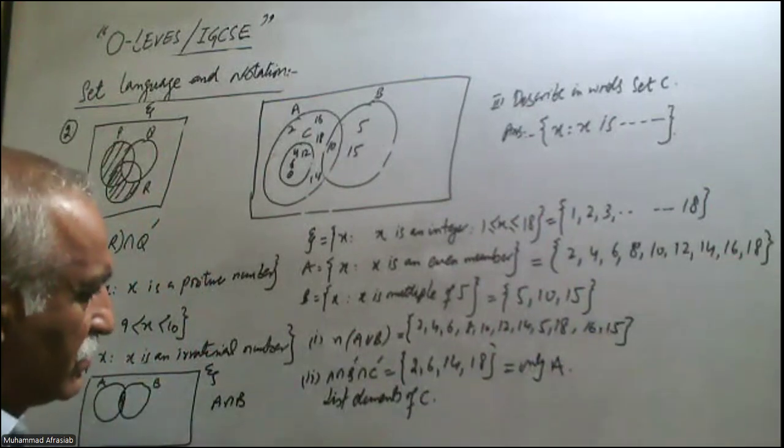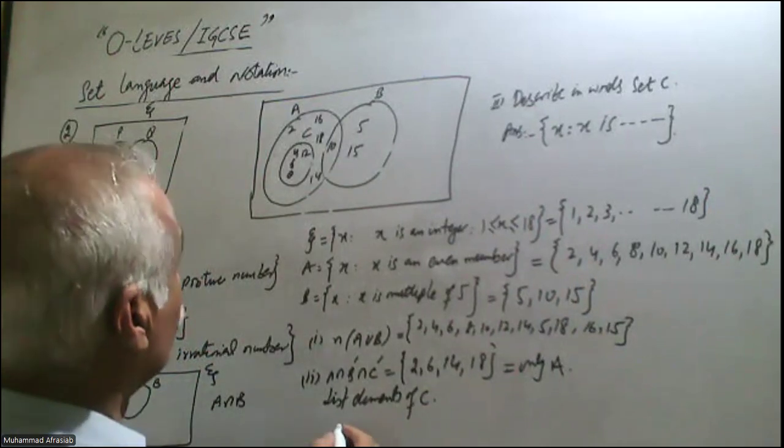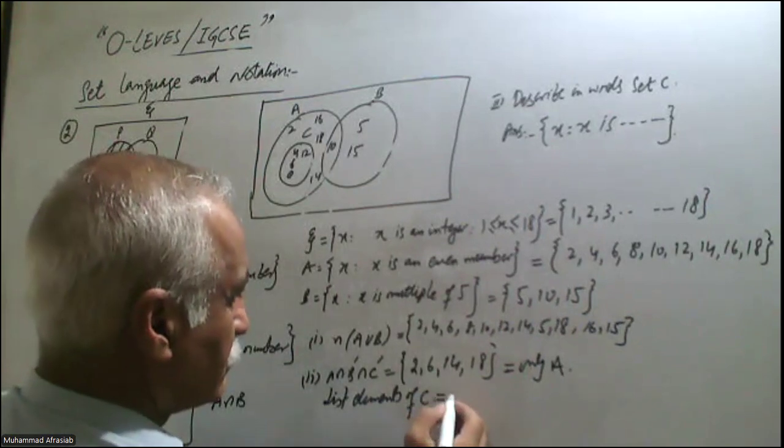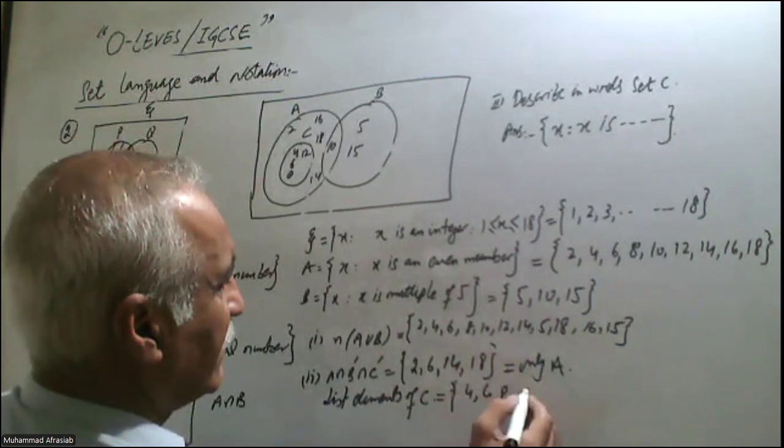So the elements of C are 4, 6, 8, and 12.